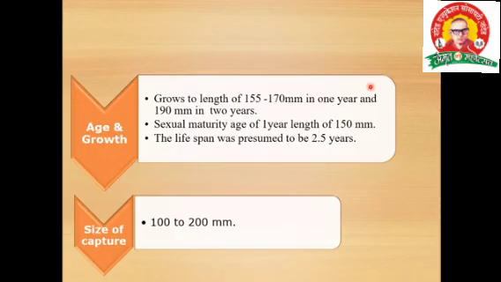Sexual maturity, already I told, is 1 year. After the completion of 1 year, it matures. That time 150 mm. The lifespan is 2.5 years. Growth rate is 155 to 170 mm in 1 year, and at the time of maturity 150 mm, means near about the same. And size of the capture is 100 to 200 mm.